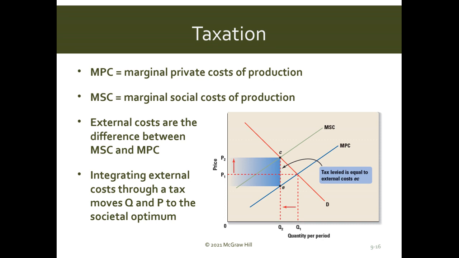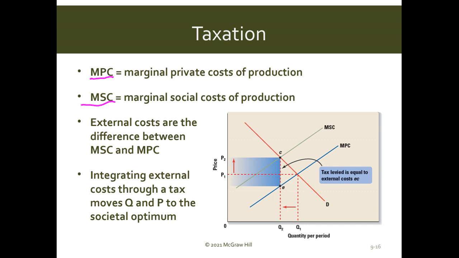So first, try to understand this diagram. You all know that this is marginal private cost. This is marginal social cost. Remember, marginal social cost is not just external cost. Marginal social cost is external cost plus marginal private cost.